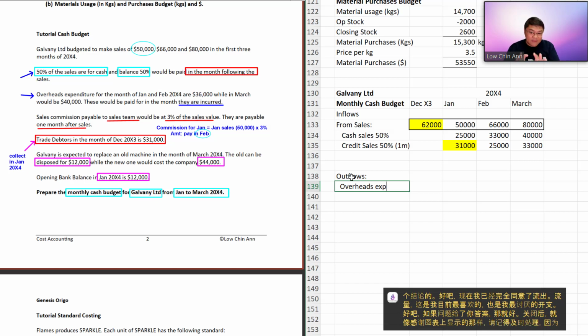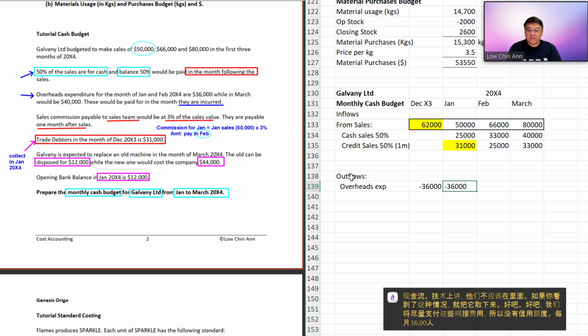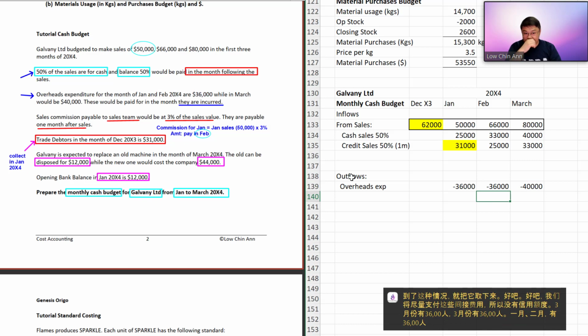If you see anything like that, you remove it. The overhead expenses are paid as incurred, so no credit. 36,000 in January, February, 36,000. In the month of March, it will become 40. That's what I've been told. Besides that, what else?